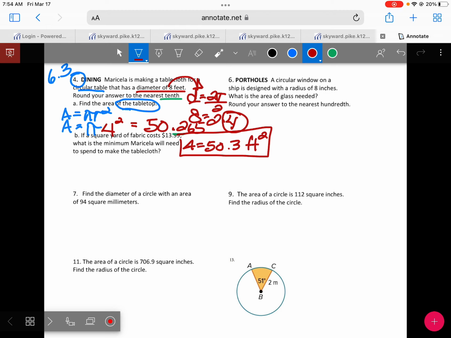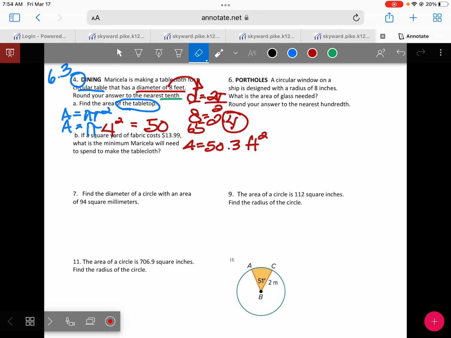Then it says, if a square yard of fabric costs $13.99, what is the minimum Maricela will need to spend to make the tablecloth? Well, again, I don't know if you've ever bought fabric.